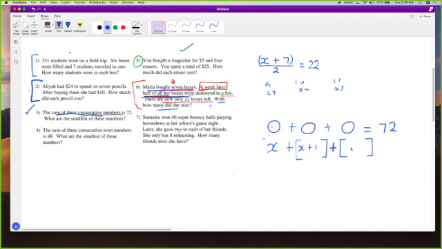Alright, so that'll be x plus 1 plus 1, which is x plus 2. So now we have an equation: x plus x plus 1 plus x plus 2 equals 72. I see you understand how I arrived at that?